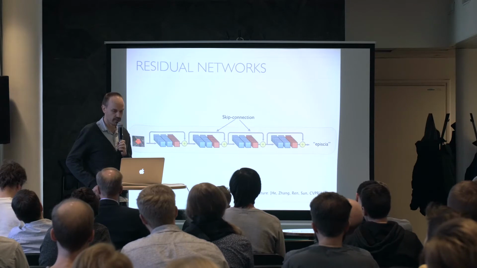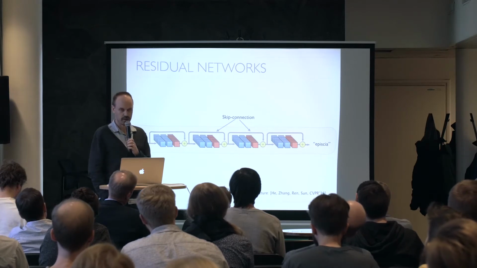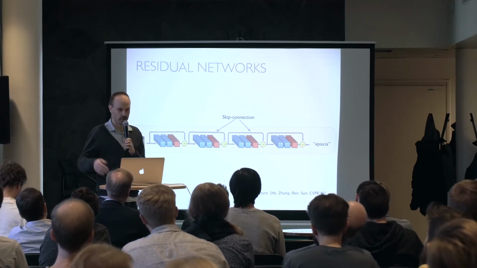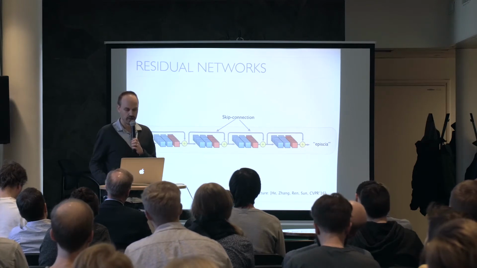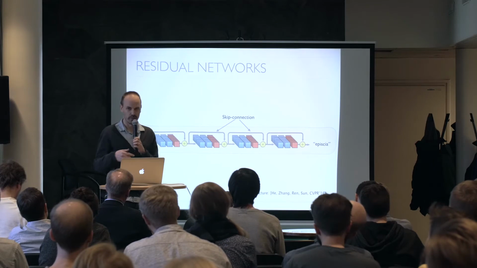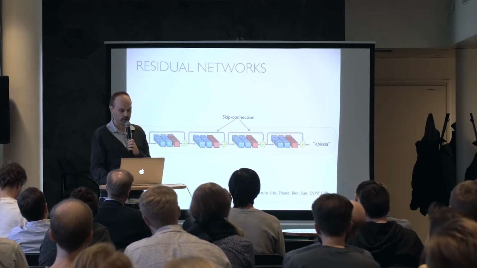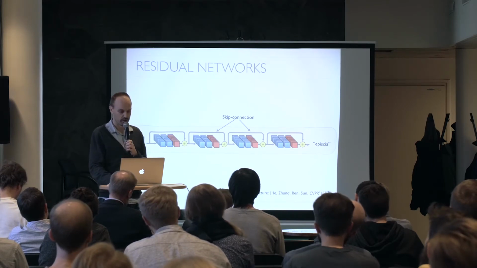This is good because when we train the model, it lets the gradients, the updates that each layer should have, flow more easily to the first layers, and so it's easier to train these kinds of networks.